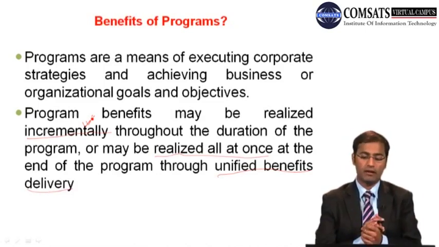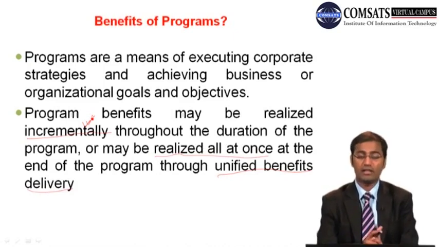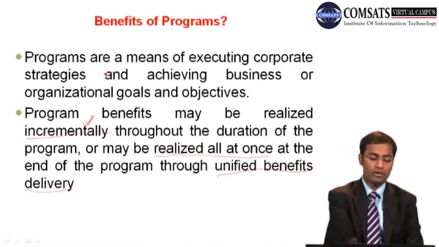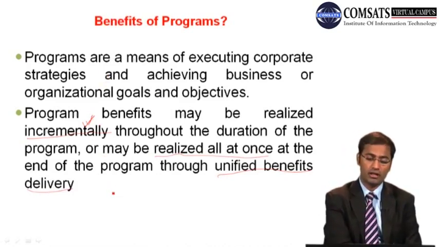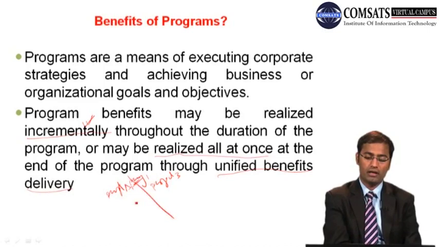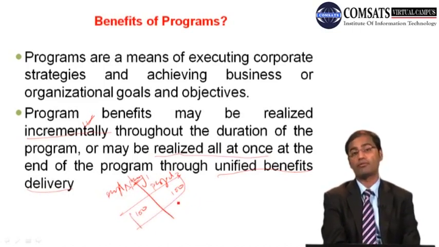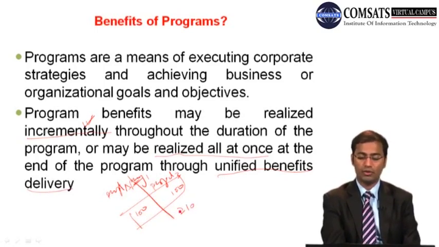But when we talk of unified benefits delivery, take the example we gave earlier. If we are doing project A and then project B, and the profits are 100 rupees and 100 rupees, but after we carry out a program of 2 projects, the profit is 210.